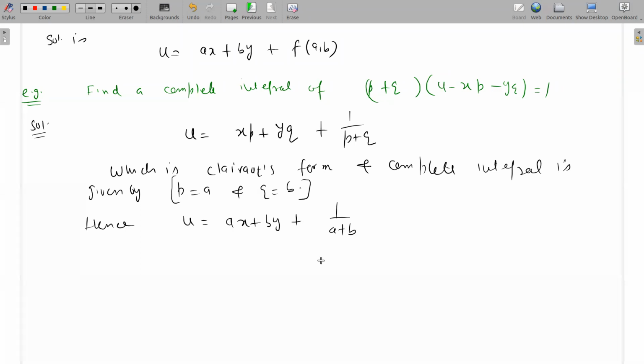So in that way you can solve some of the nonlinear PDE by using Charpit's method.